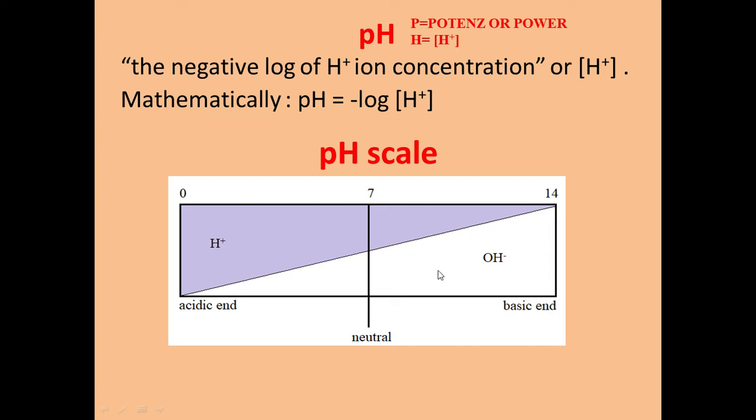While if we move towards 14, then the OH- ion concentration increases. That indicates that the higher the H+ ion concentration, the higher the acidic character. Similarly, the higher the OH- ion concentration, the higher the basic character.